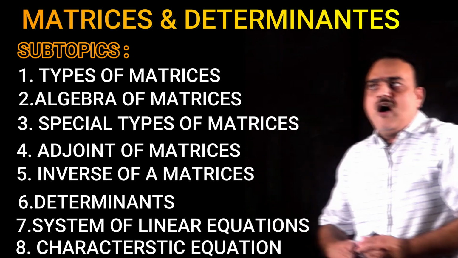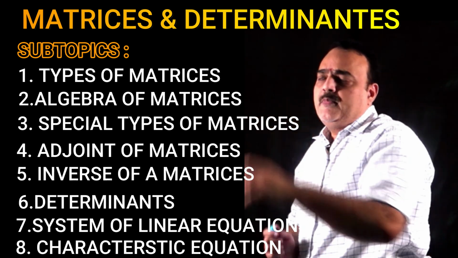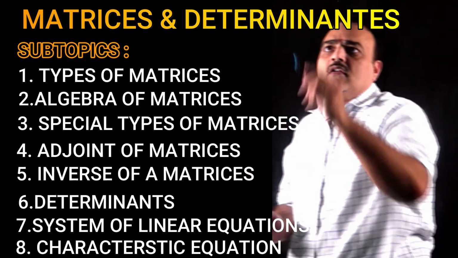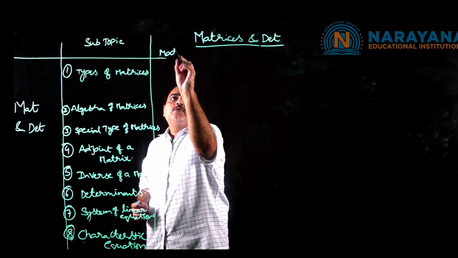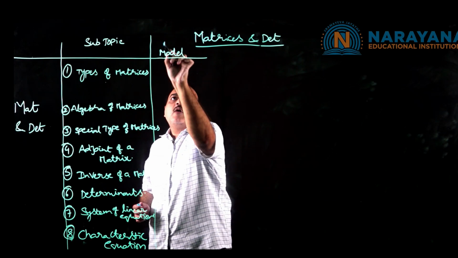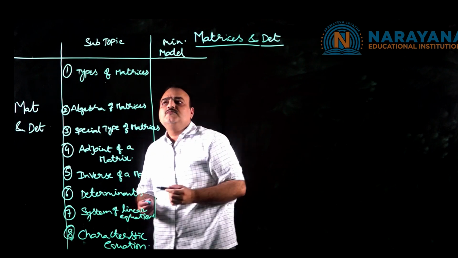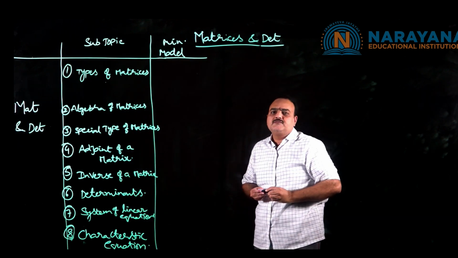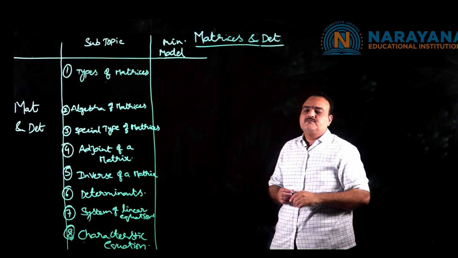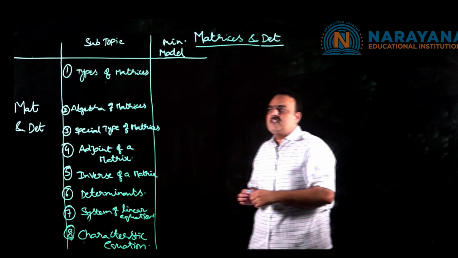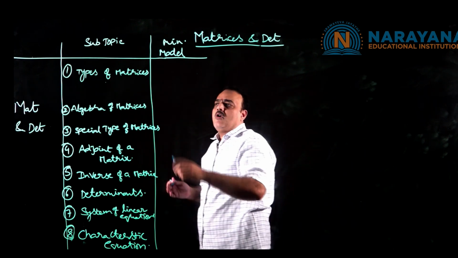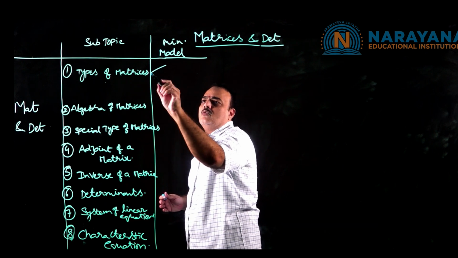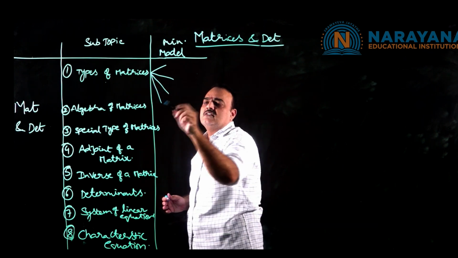Now, after getting a grip over the subtopics, next we will switch over to the minimum model problems that you need to do in each subtopic. Now I display the list here. How many model problems you need to do in types of matrices, the list I will display.